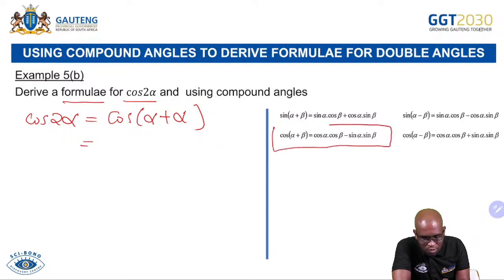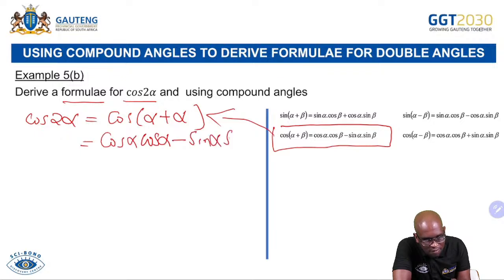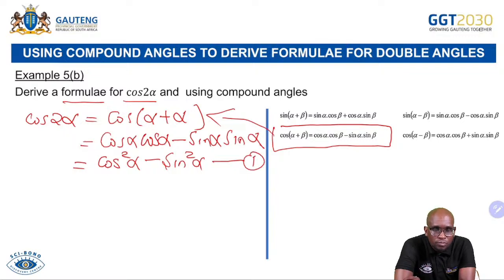It's this formula here that has to be used. So we're going to have cos alpha cos alpha minus sine alpha sine alpha. So this becomes cos squared alpha minus sine squared alpha. This is equation 1.